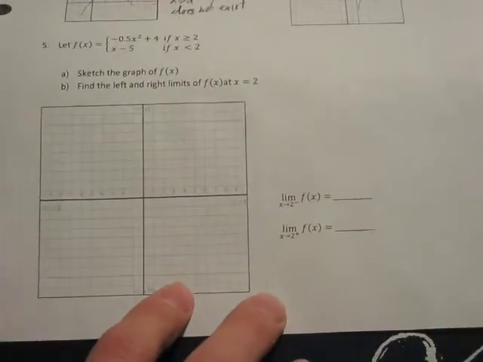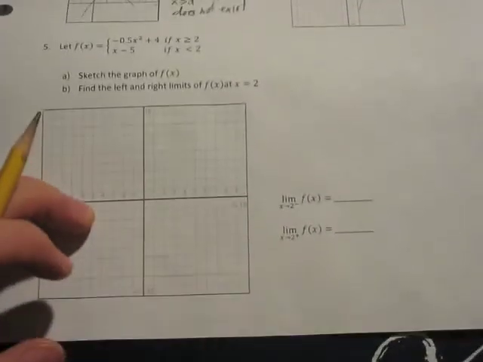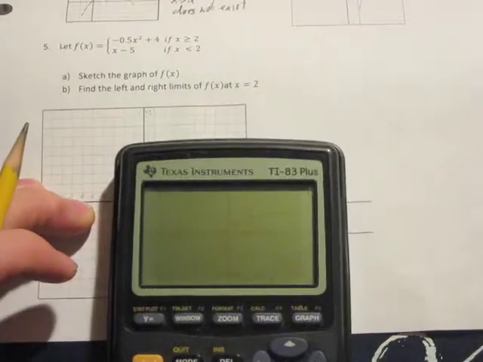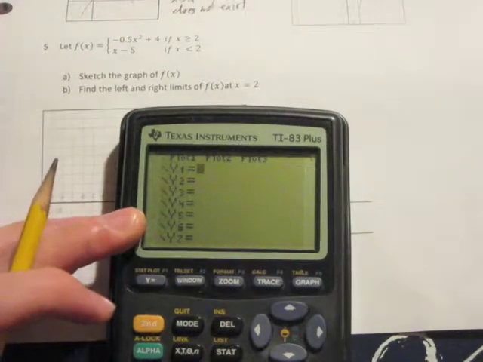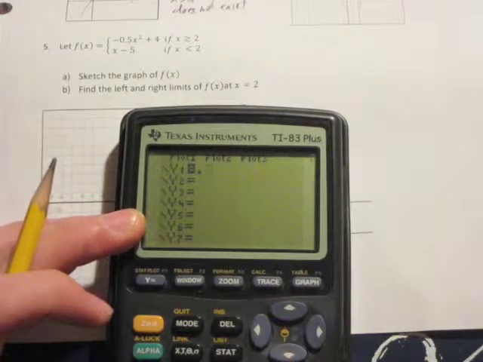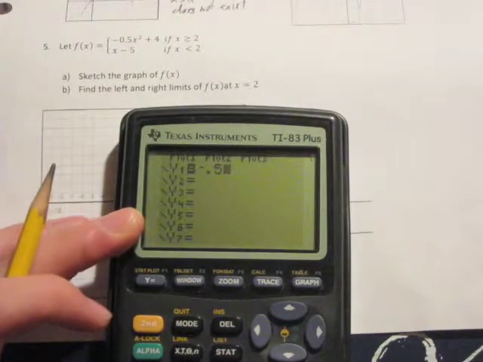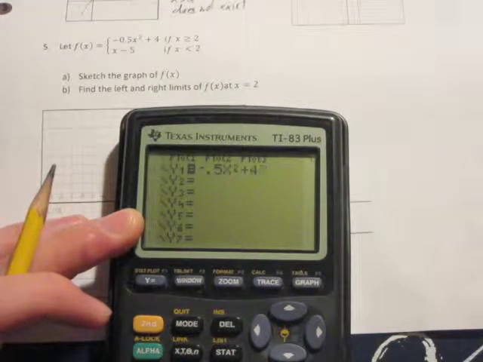Alright, number 5 is a piecewise function. We're given 2 different rules for the same function, so I'm going to plug these into the calculator. And so I'll plug in the first rule in y1, and it's going to be negative 0.5x squared plus 4.